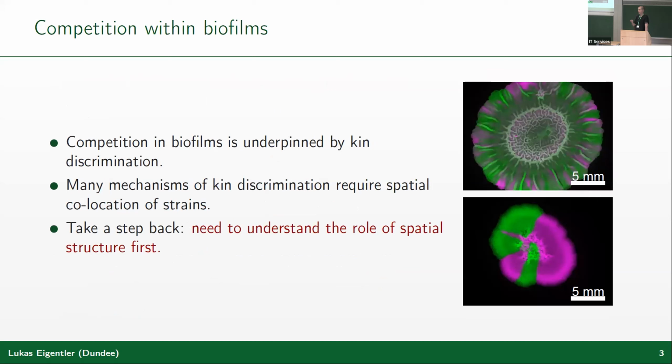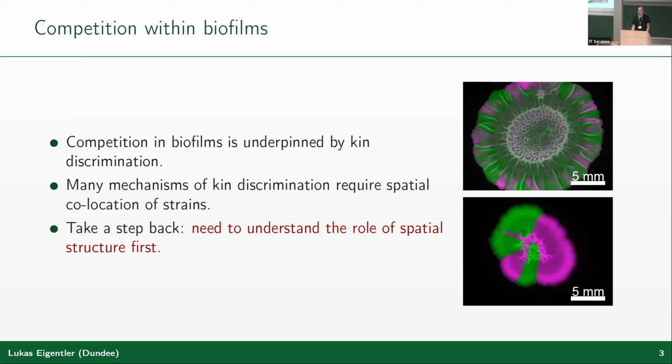What's known is that in Bacillus subtilis and other bacteria species as well, competition is underpinned by a mechanism called kin discrimination. Essentially, a cell can detect the neighboring cells and decide whether to launch antagonistic actions or not, depending on whether those neighboring cells are detected to be quite similar, kin, or not similar, non-kin.